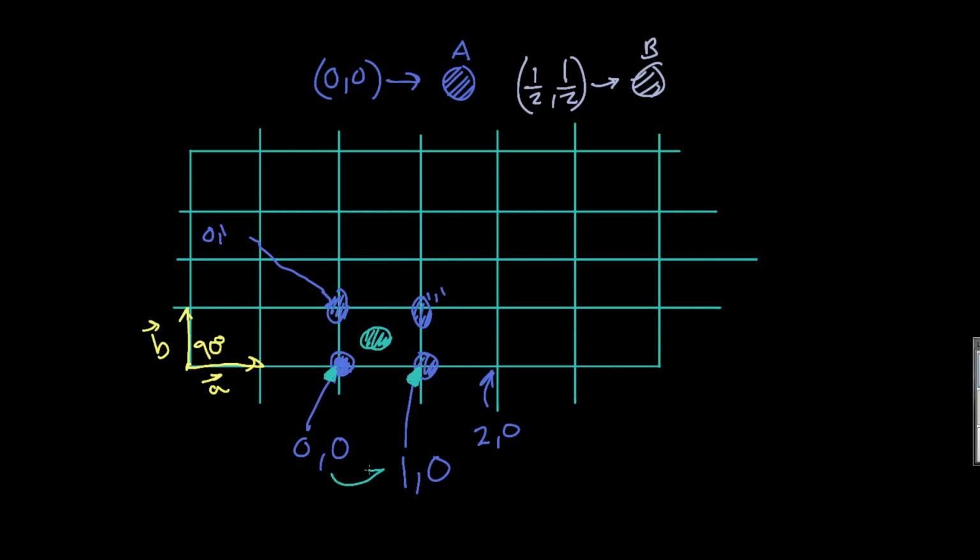So we could interchange these. Right now we have our B atom attached to the 0, 0 here. We could just as easily call this atom 0, 0, and we could just as easily call this 1/2, 1/2.